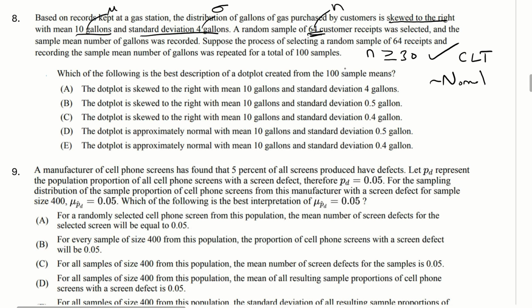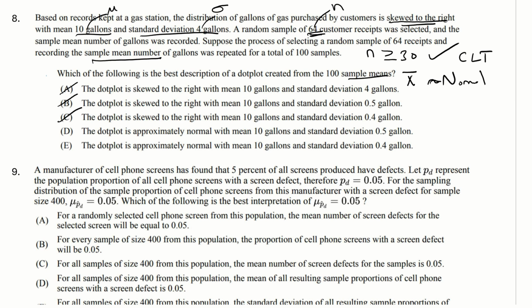So even if it is skewed to the right, the X bar is still going to be approximately normal if you were to do the sample mean, okay? Not the X, the sample mean, which is X bar. So in this example, we can eliminate A, B, C from the answers because that's saying it's skewed to the right, which is not correct because we're talking about the sample means, right?